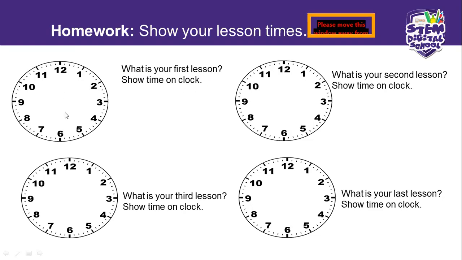You put your long arm and your short arm there and show me the times. Okay, and then what is your second lesson? Then you'll show me the time on the clock as well. What is your third lesson? You'll tell me what is your third lesson for the day, and then you'll represent the time on the clock here. Okay, and then what is your last lesson for the day? And then you will show me the time. You'll represent that time on the clock here.